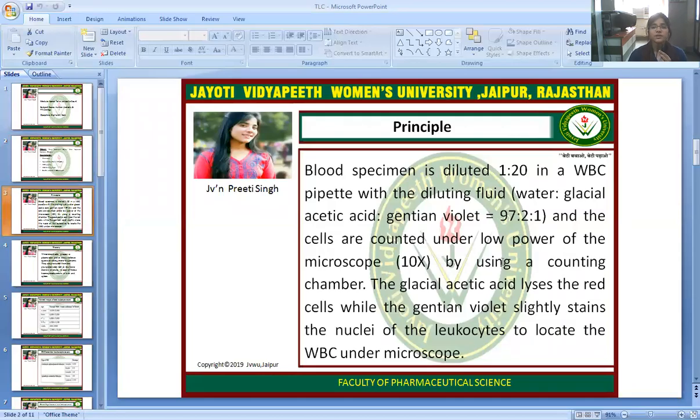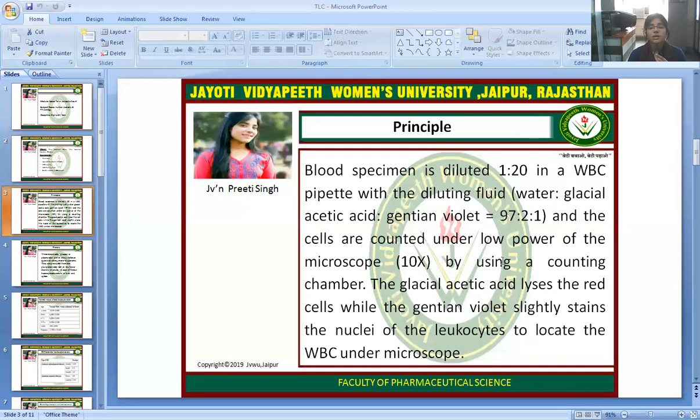So, what is the principle of total leukocyte count? Firstly, the blood specimen is diluted 1:20 in a WBC pipette with the diluting fluid. Water to glacial acetic acid to gentian violet is 97 to 2 to 1, and the cells are counted under low power of the microscope, 10x. 14x does not give a clear image and 10x is proper for identification of the slide.